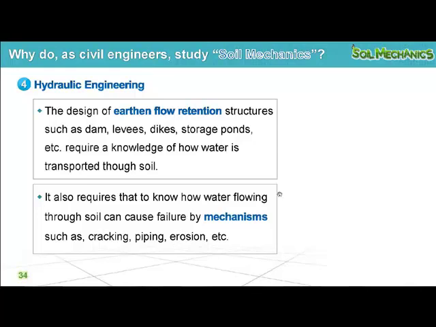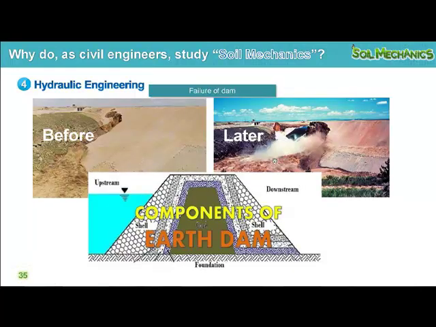Such as in the photo, we can see that there is a dam that was constructed to store the water at the upper stream. So if we do not have a good design, or the material that we use is not good, that can allow water to flow easily.